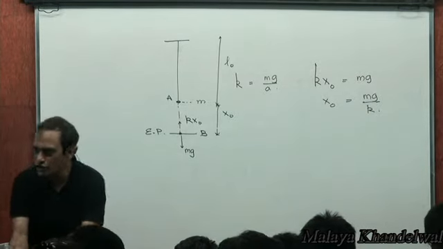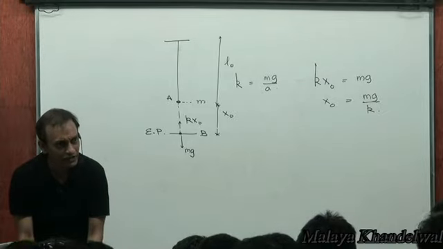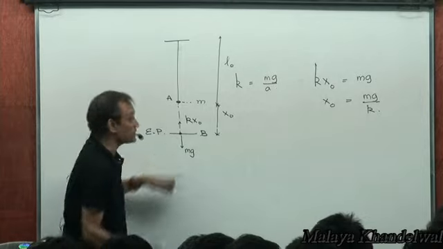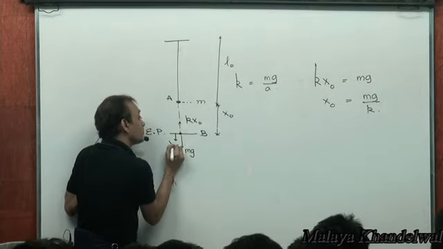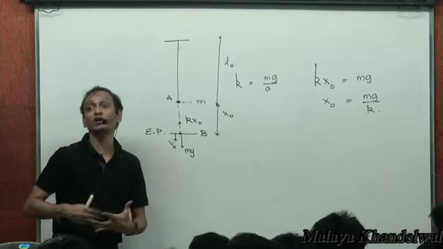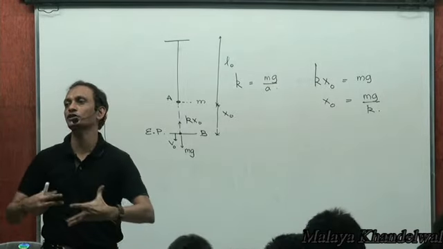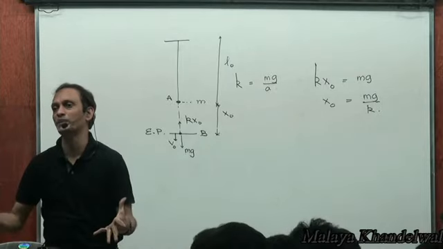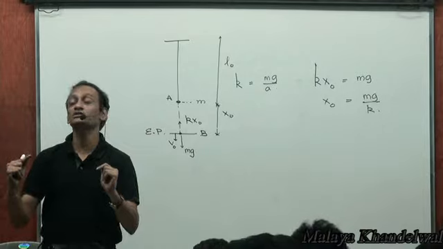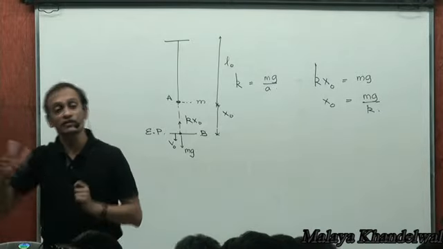So the mass has accelerated. By the time it reaches B, the force becomes 0, but the velocity is still non-zero. It has gathered velocity because it has accelerated under the influence of mg minus the spring force. The acceleration prevailed.